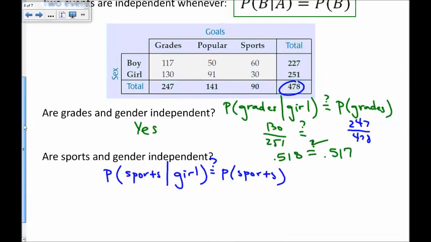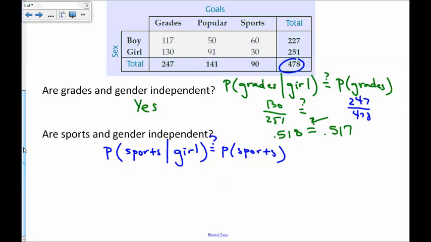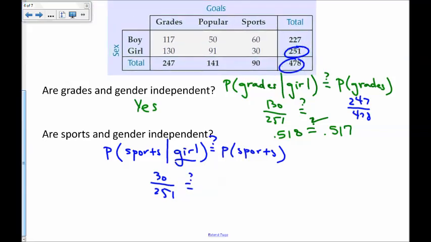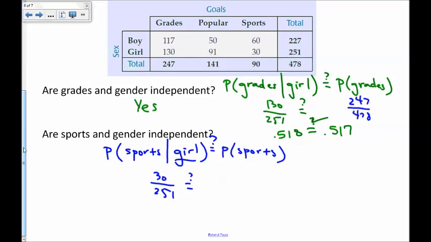Now sports given girl: a girl whose primary goal is sports is 30, out of girl, which is 251. Is that equal to sports out of everybody, 90 out of 478?